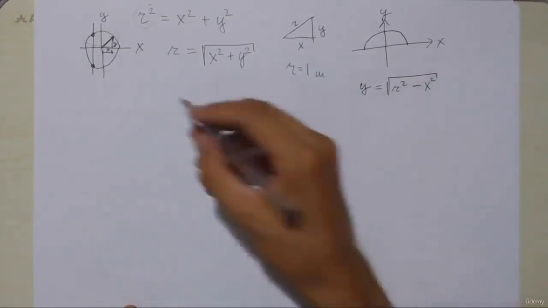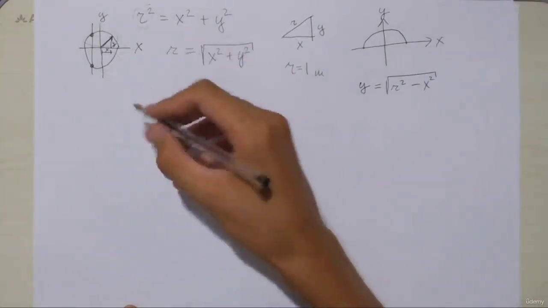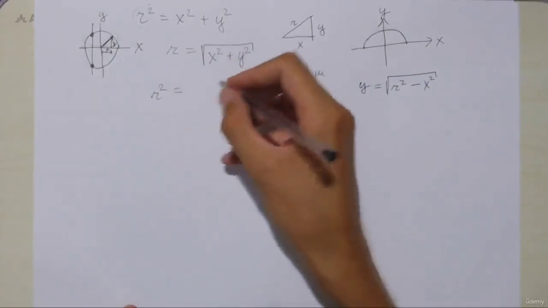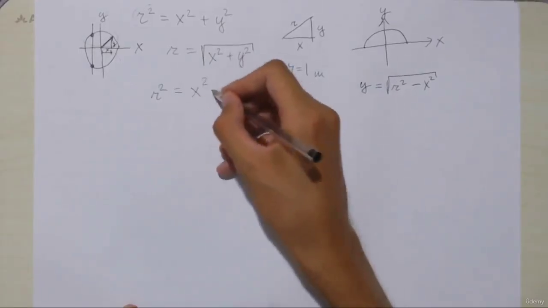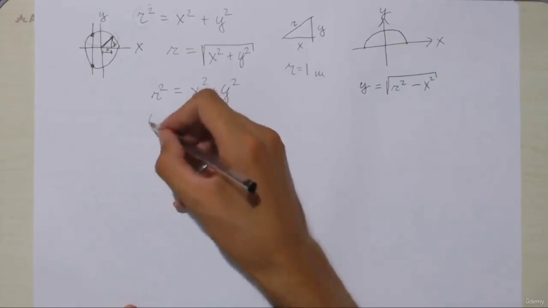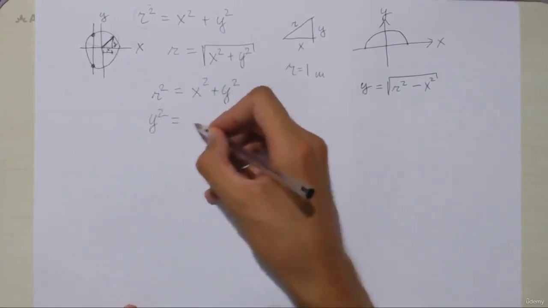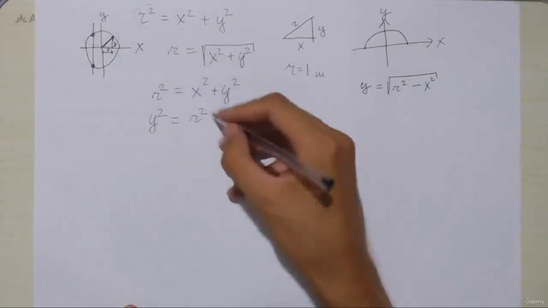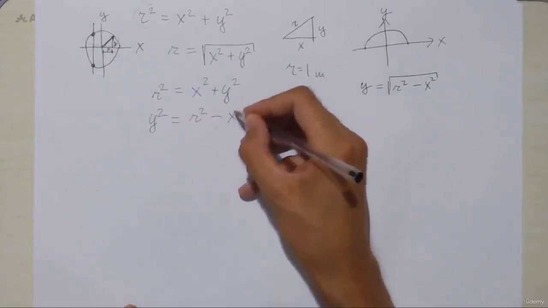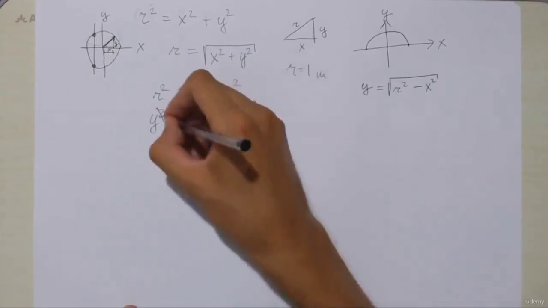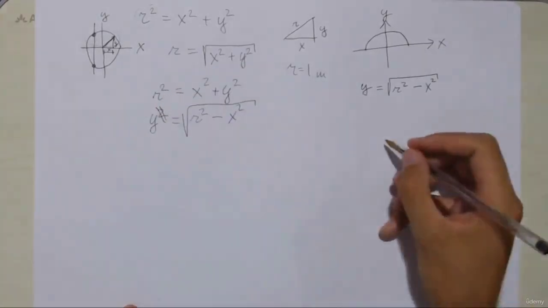So how do I get it? Well, I get it from this equation. So r squared equals x squared plus y squared. If I want to get y, then what I do is this: y squared equals r squared, and then x squared goes to the other side, so it's minus x squared, and then I just take the square root of it and I get y.